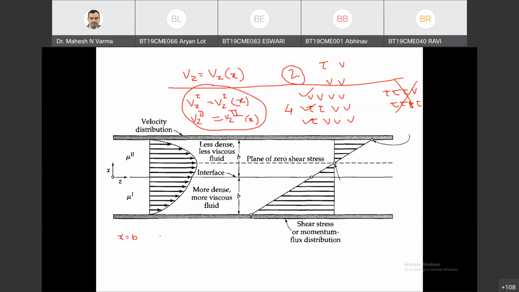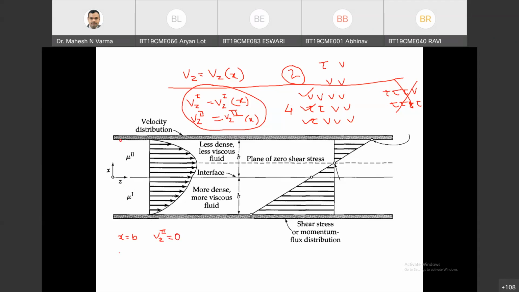Velocity Vz for phase 2 equals 0 at x equals b. This is one velocity condition.